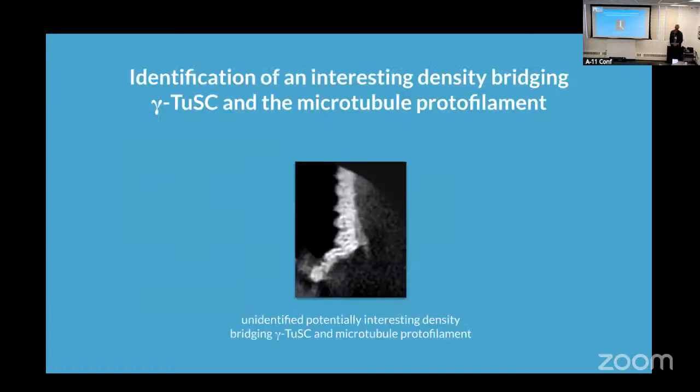Then the other thing that was interesting was if you looked at slices through the ice. If you're not used to looking at this data, in single particle we almost always look at isosurface representations of these volumes.